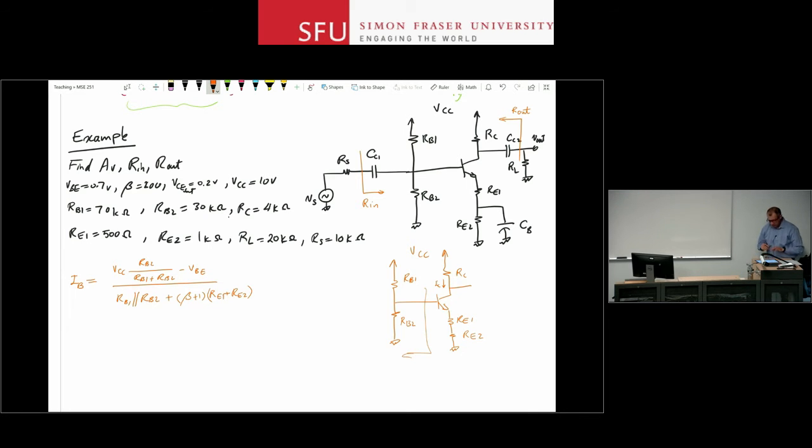Okay, so if you write your KVL from the base to the emitter to ground, this is the result, this is your IB, and then from here you can find IC.